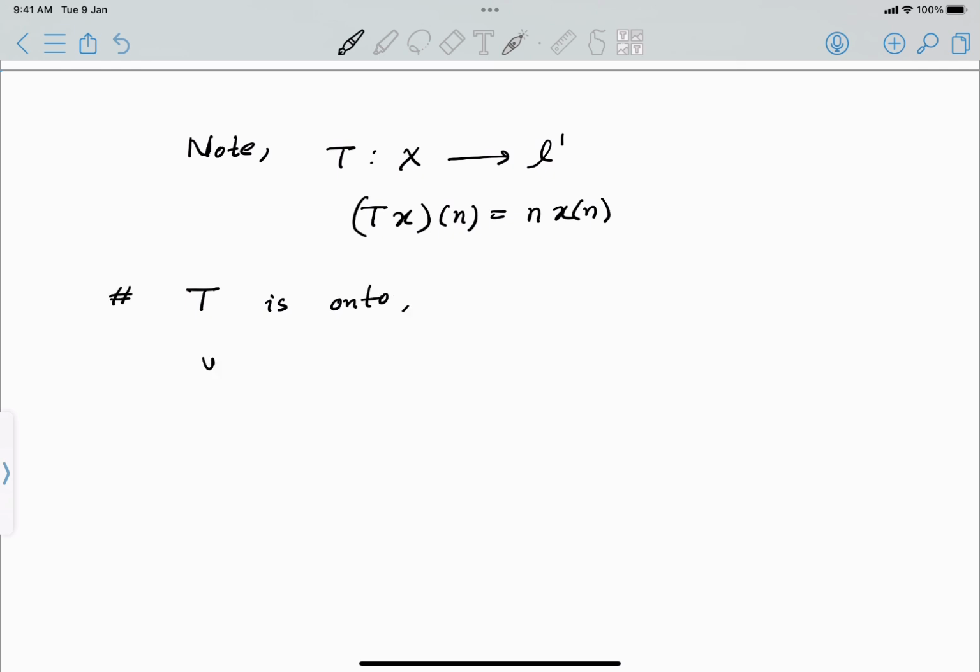Why? For any y in L1, define x to be 1 by n y, so this is for all n.